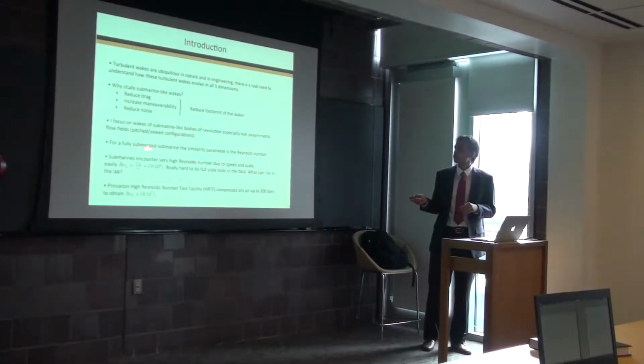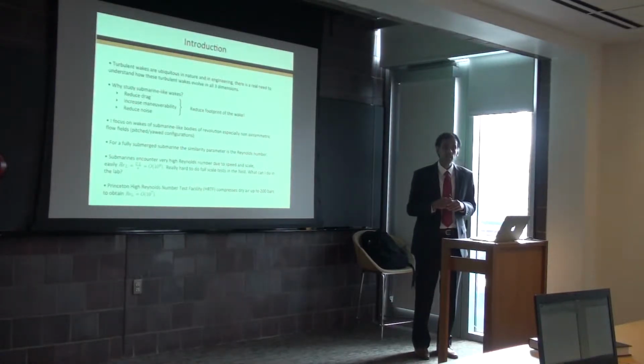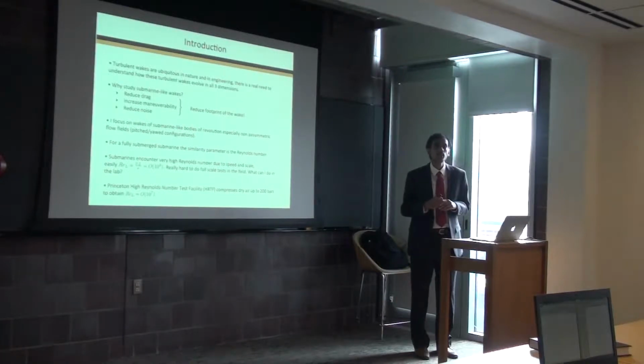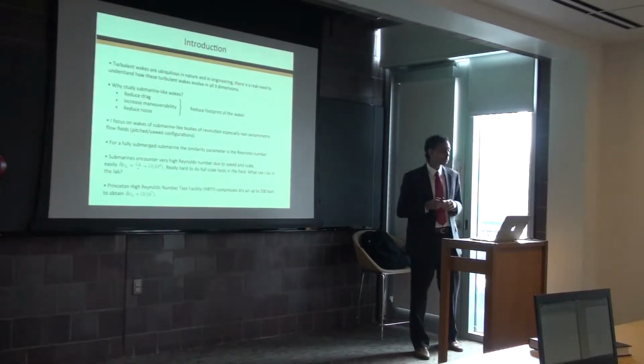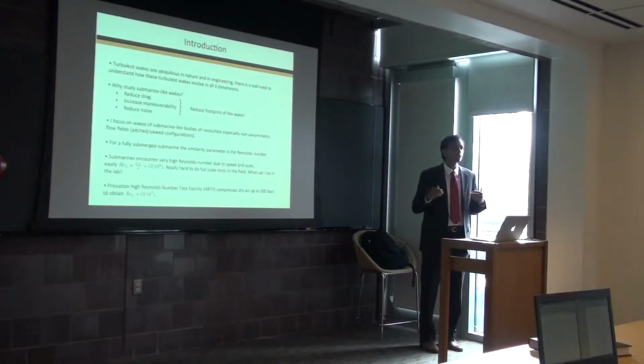So for a fully submerged vehicle, which is the configuration that I'm going to be studying today, the similarity parameter that we will look at is the Reynolds number. And so submarines, of course, encounter very high Reynolds numbers due to their speed and their scale. And there's a real need to understand and to extend the Reynolds number range that these bodies have been studied at.